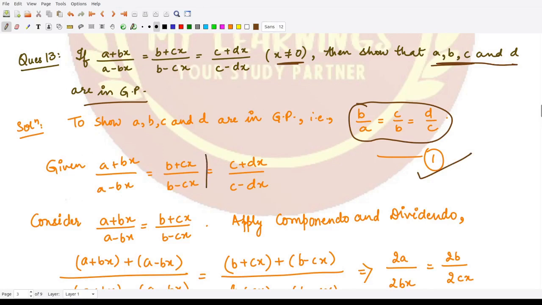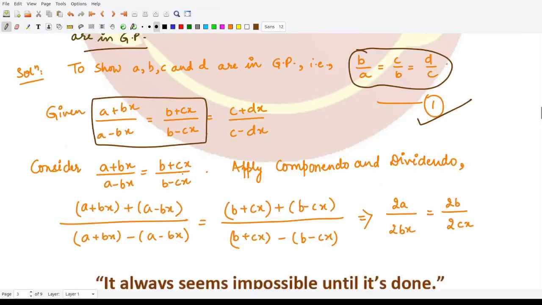So here, first of all, you take the first two terms of the equality. Now you can apply componendo and dividendo. Now what is this componendo and dividendo?